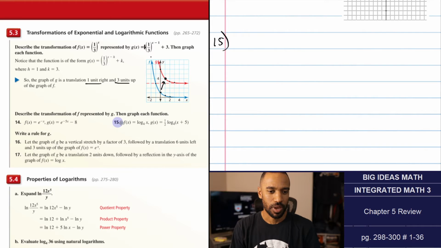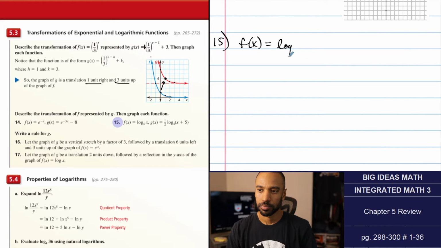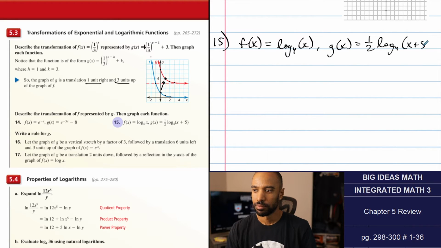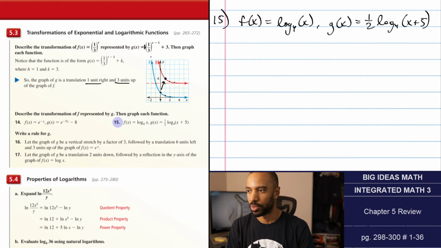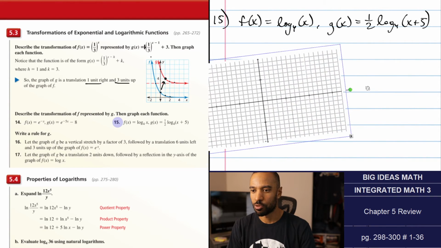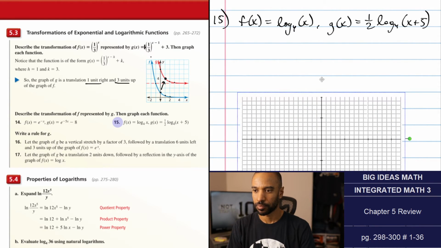Number 15. We have f of x equals log base 4 of x, and g of x equals 1/2 times log base 4 of x plus 5. Okay. Quite a bit to talk about with this one. Let's first just describe the transformations, then we'll get into the graphing.